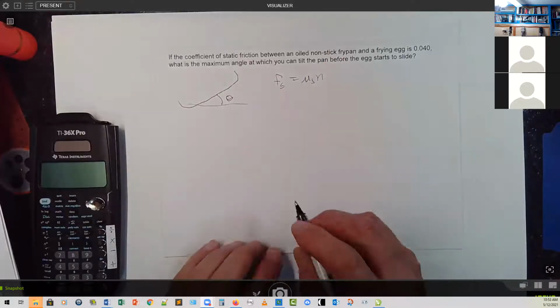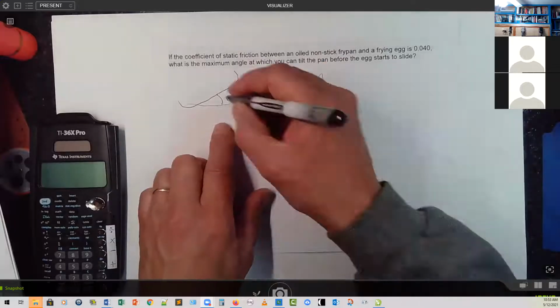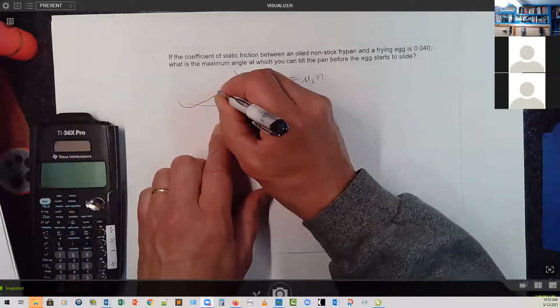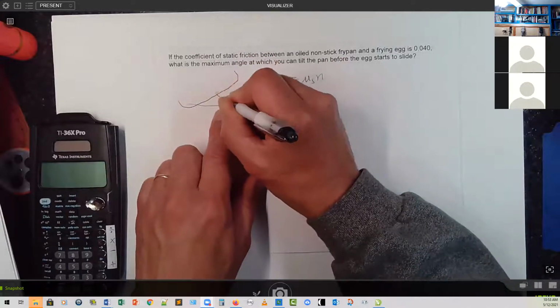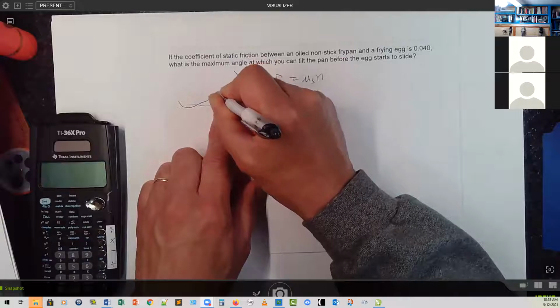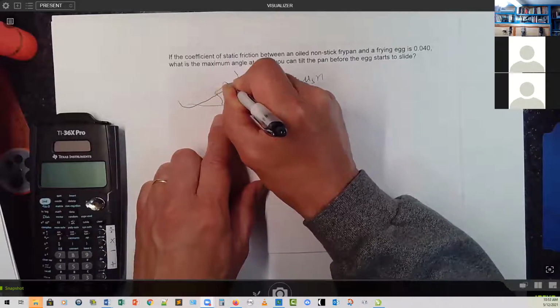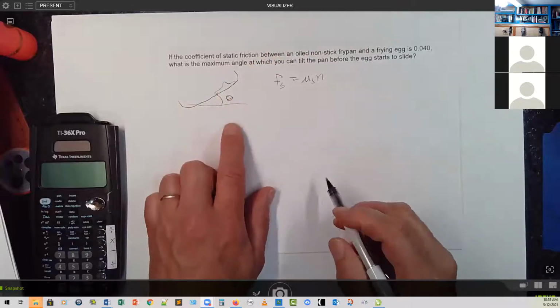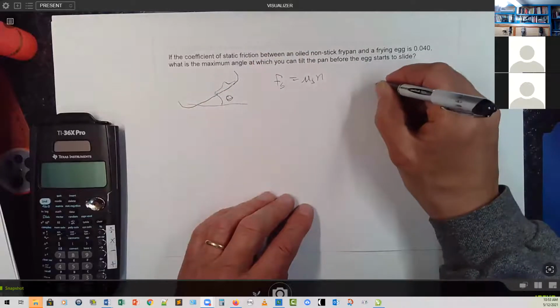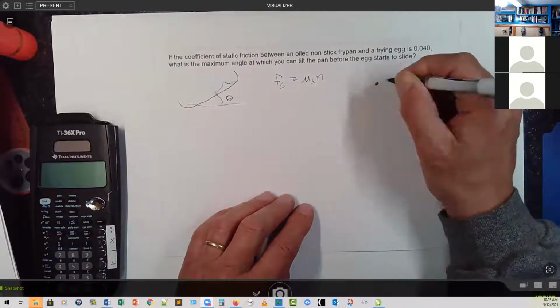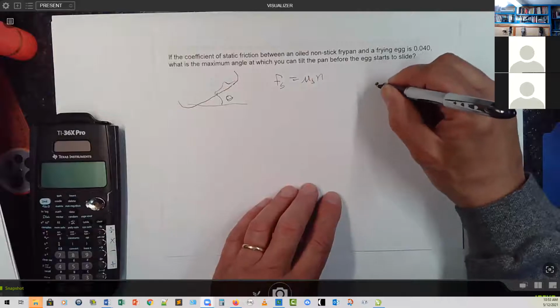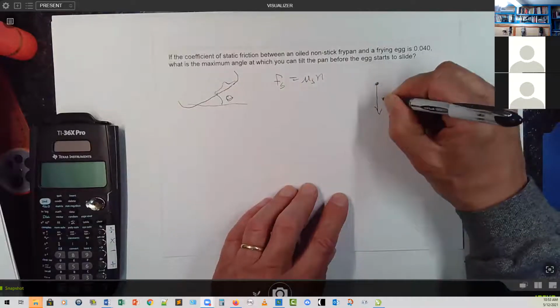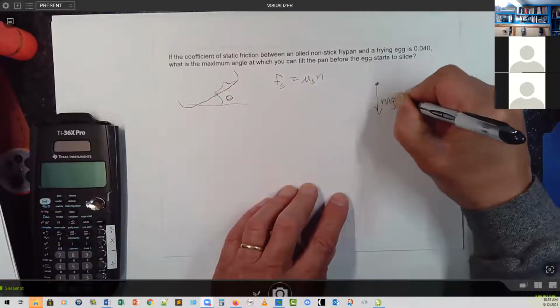So let's draw a free body diagram for this situation. We'll have this egg that's sitting in here, and I've way exaggerated the angle that will be necessary here, but we've got somebody frying a sunny side egg up there, and that's what that thing represents. So forces on the egg. It's on Earth, so one of the forces is going to be mg.